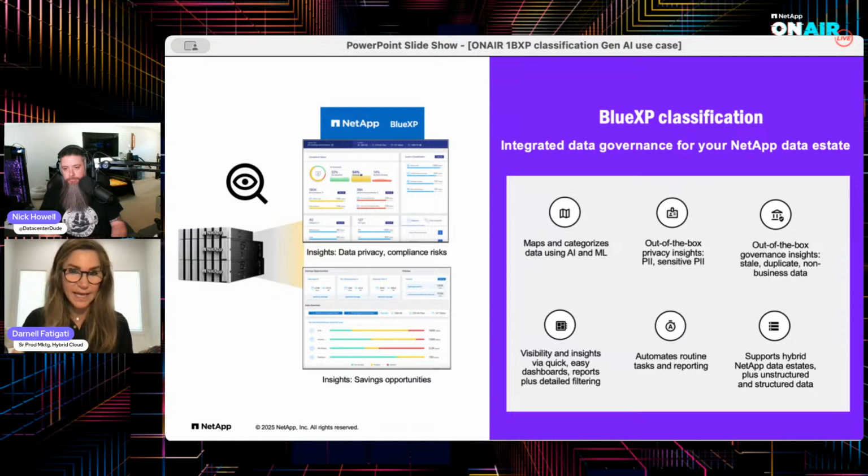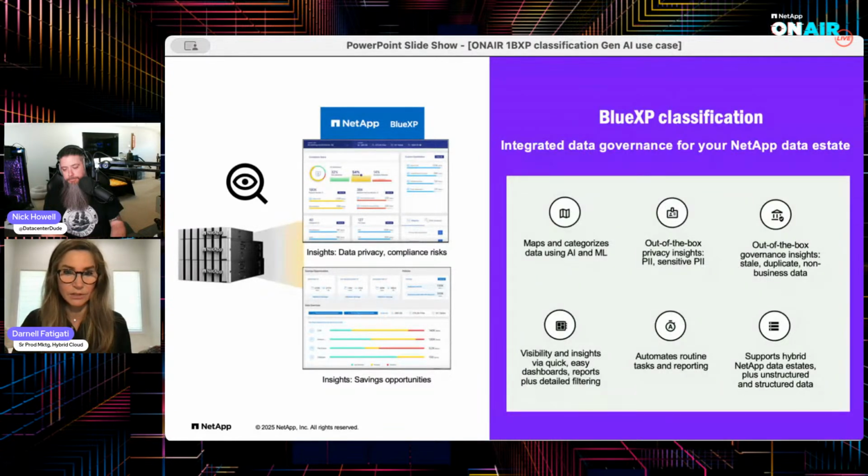And when you log in, it's all very visual, it's colorful. You can see here, red, yellow, green. One is, hey, look, this is sensitive personal data. The yellow is, okay, this is personal data. And then the green is, okay, it's not personal data. So you get really nice visuals.